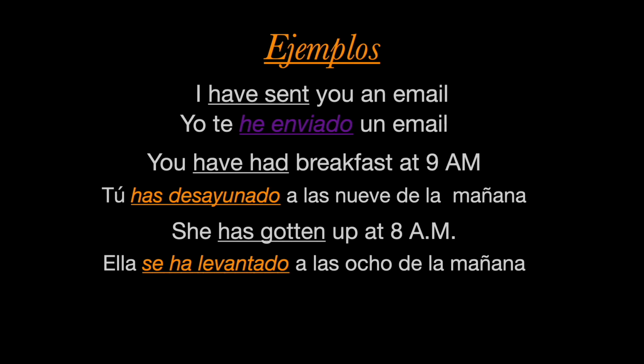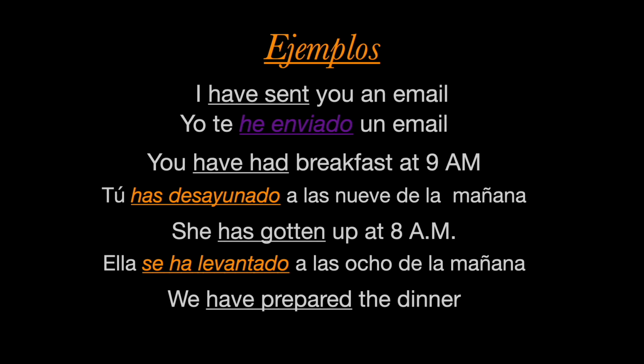And we are placing the reflexive pronoun se, which is as per the subject ella. So that is se ha levantado. We are conjugating haber as ha, and we are placing the past participle. And also we have to place the reflexive pronoun se before haber. That's how the sentence becomes ella se ha levantado a las 8 de la mañana.